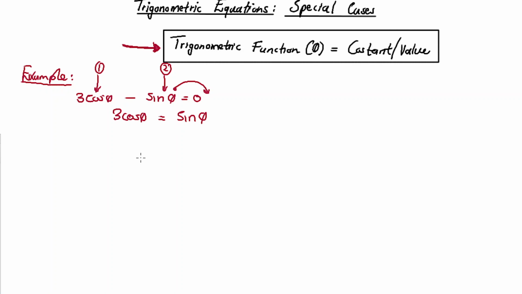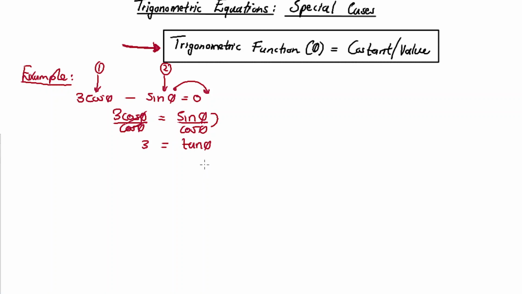Then what I do next is divide both sides by cos. This cancels this. I'm now left with 3, and sine over cos, I know that it's equal to tan theta. You see what I did? I divided by cos on both sides.